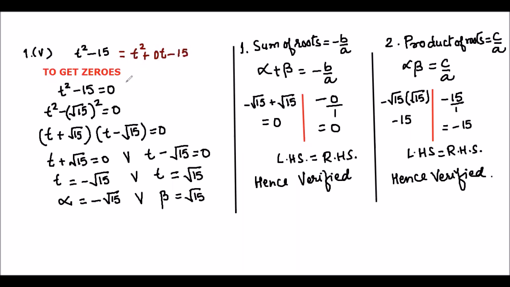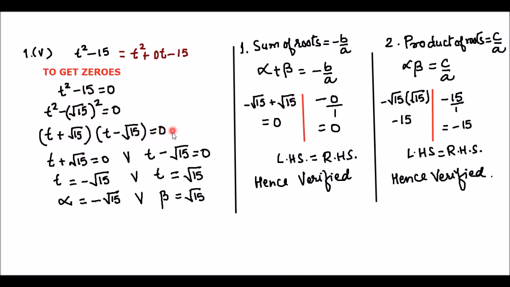Now children, to get zeros of the polynomial, you have to put it equal to 0, and you have learned the identity in your ninth class that we can write it like this: t square minus square root 15 square. Now it becomes a square minus b square. Applying this identity, in first bracket you will be writing a plus b, and in the second bracket you will be writing a minus b. So using that identity, this will become t plus square root 15, t minus square root 15 equal to 0.